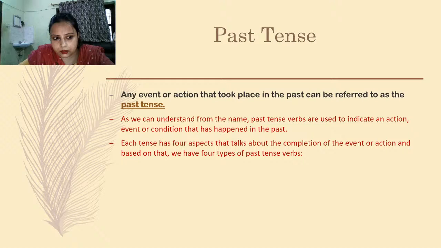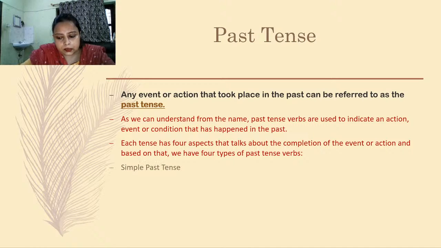Each tense has 4 aspects that talk about the completion of events or actions that are based on that. We have 4 types of past tense, children.